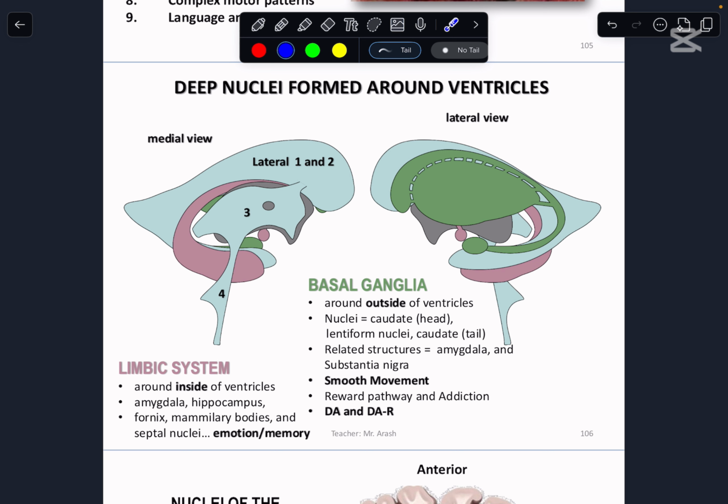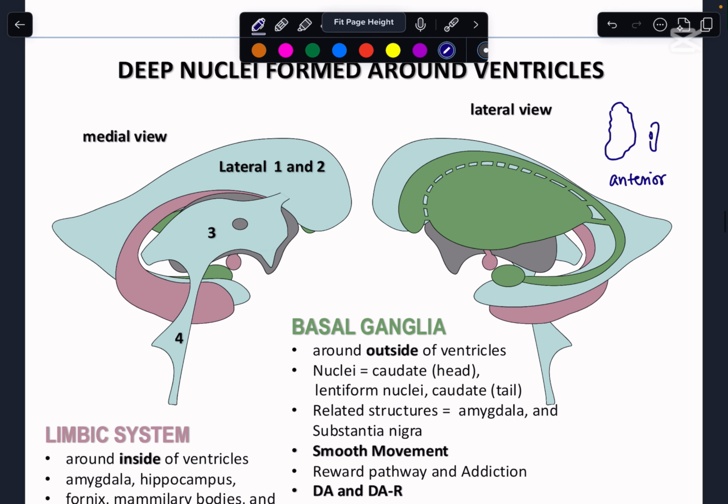The lateral view essentially means you look at your deep brain from outside inwards. Let's say this is the anterior part of the brain, and this is the left hemisphere, LH. The deep nuclei would be somewhere here, in blue.